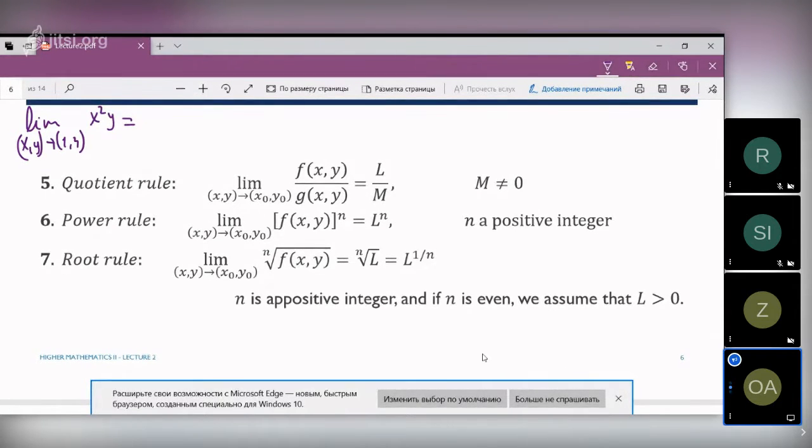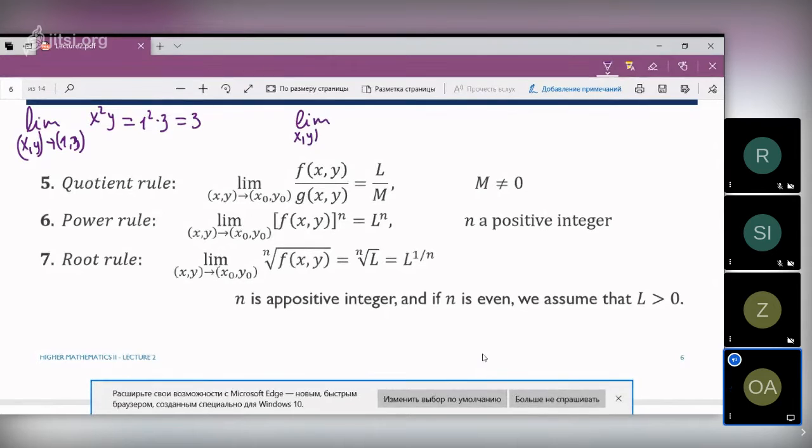So how much is this one? 1 squared is 1, times 3. The answer is 3.